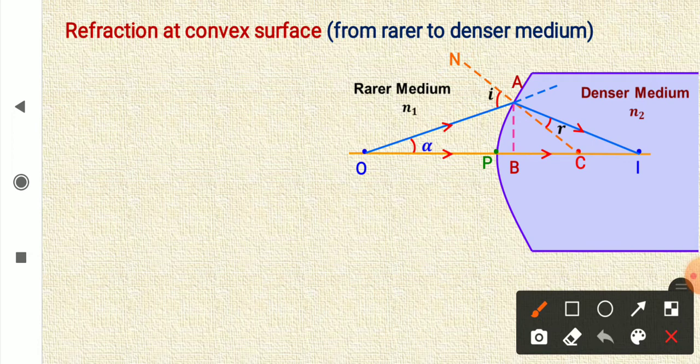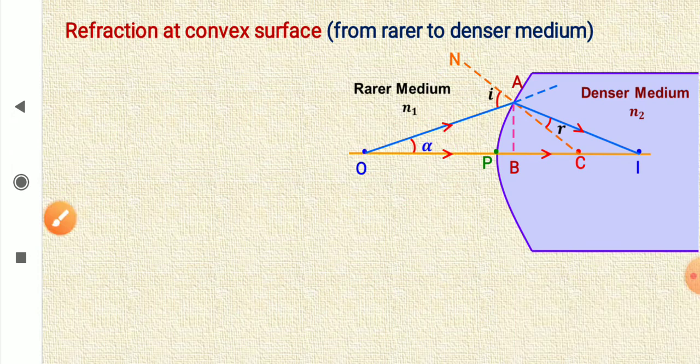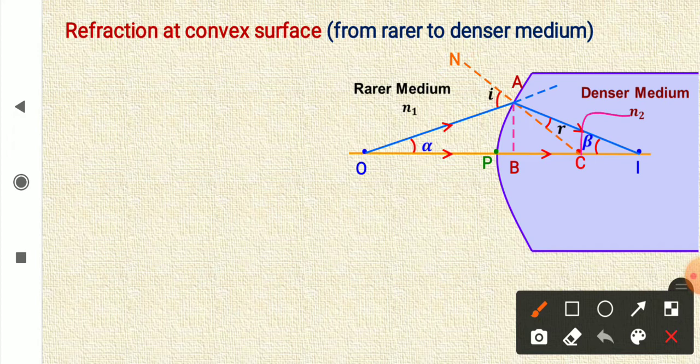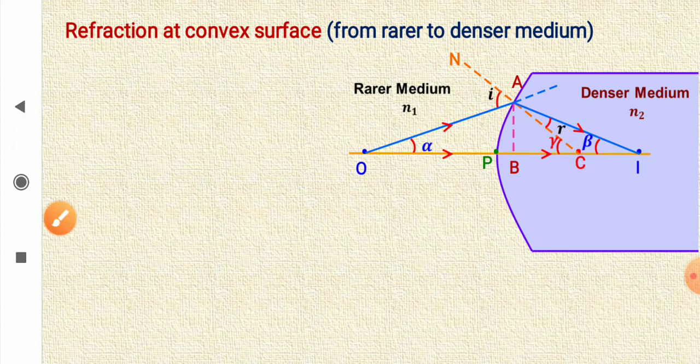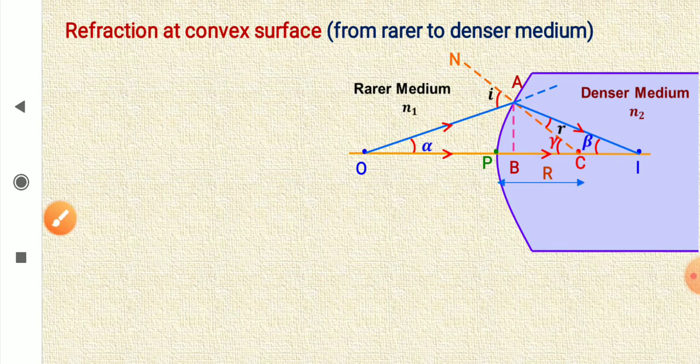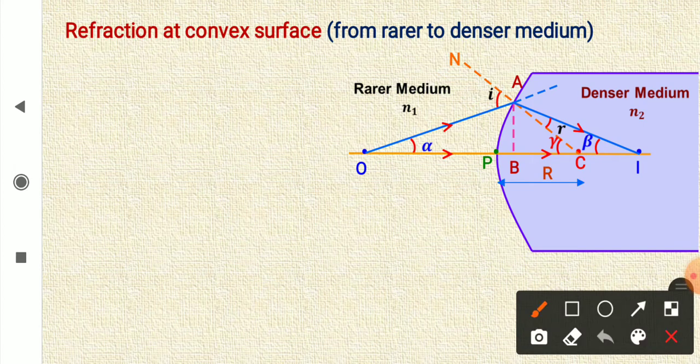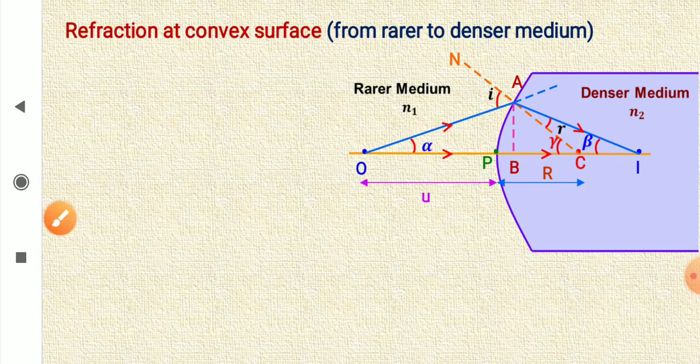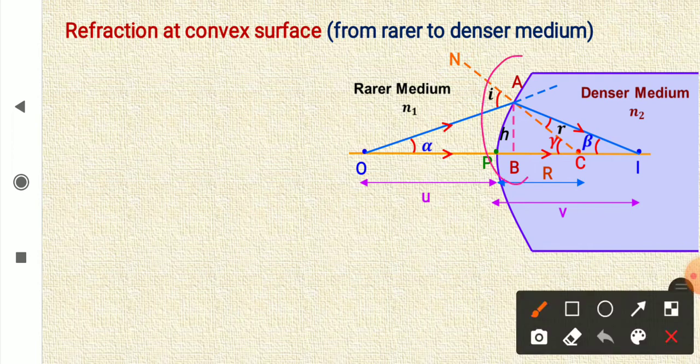So this incident ray makes angle alpha with the principal axis, and the refracted ray makes angle beta with the principal axis, and the normal makes angle gamma with the principal axis, and the distance between the pole and the center of curvature is the radius of curvature r, and the object distance is taken from the pole as u and the image distance from the pole as v, and the perpendicular distance of this point A from the principal axis is h.